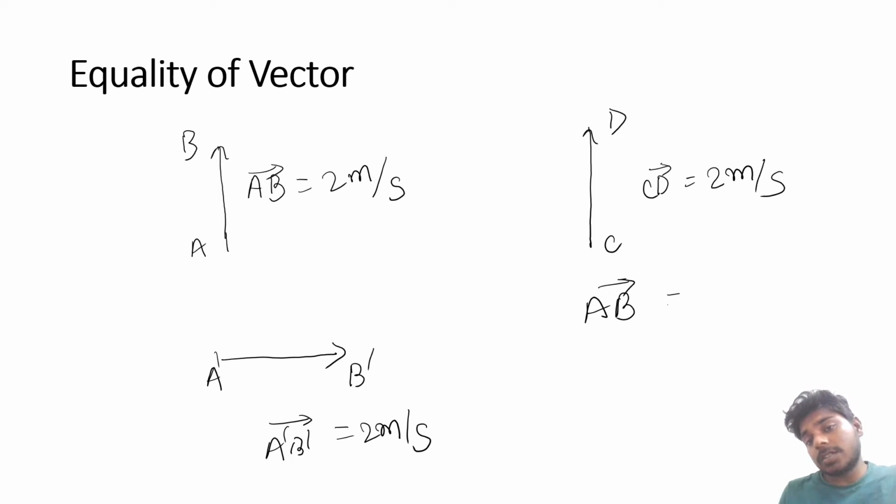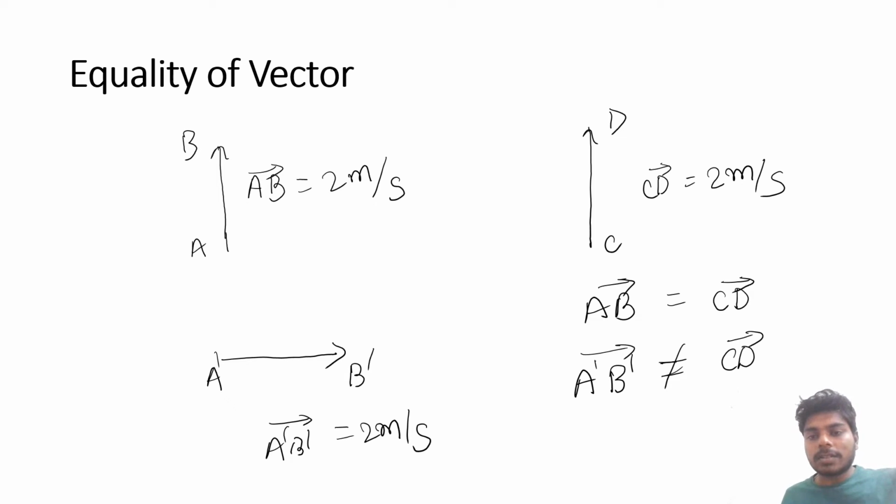AB vector is equal to CD vector, both are equal because their direction is upward and magnitudes are equal. But A'B' vector is not equal to CD vector because A'B' direction is horizontal, and CD vector direction is different. Both have the same magnitude but the direction varies, so both are unequal.